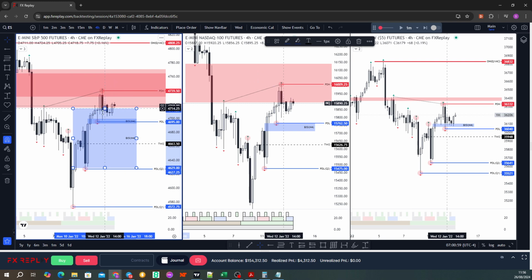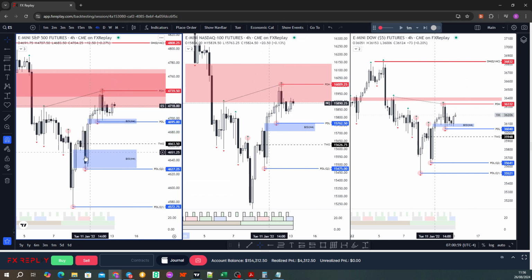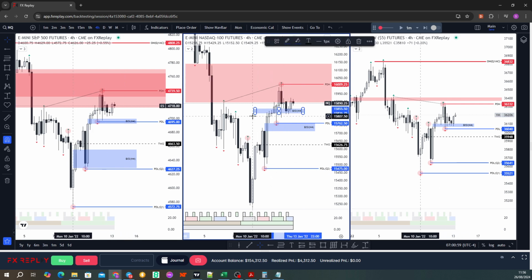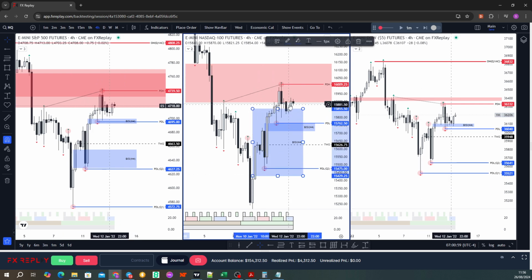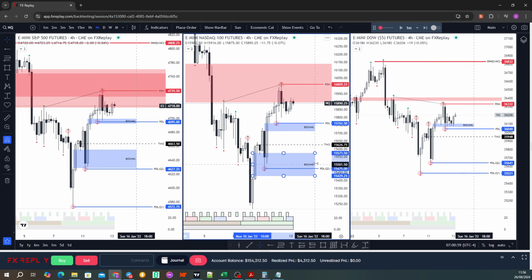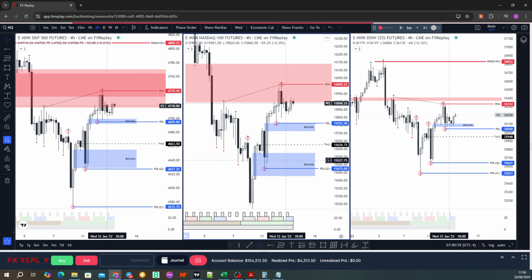So we can see there, price traded back down into the CB, and then we saw higher prices. Same with NQ here. So I'll just mark this up. Right, so the story of the fair value gaps is higher prices currently.